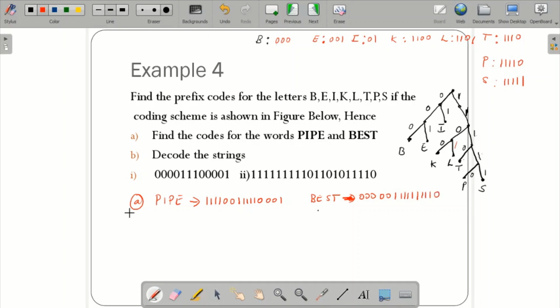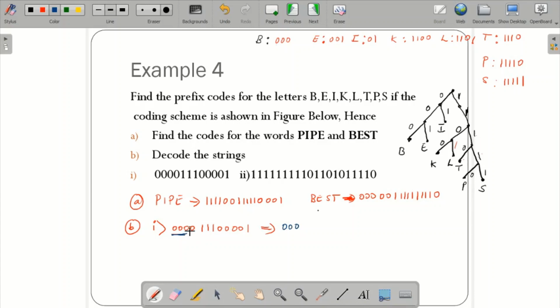Find the codes for the following. Next we have to decode the string. For the first one, you can split it into 3 zeros. I'll take a different color. Check here where you have 3 zeros. So I can split on 3 zeros. Then check for 0 111 anywhere.